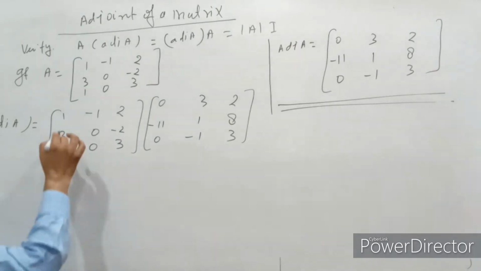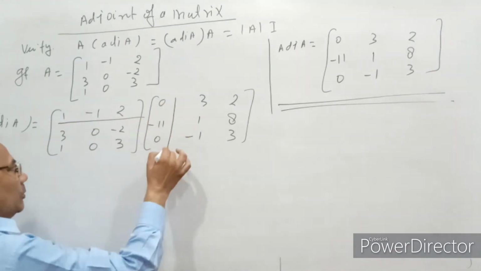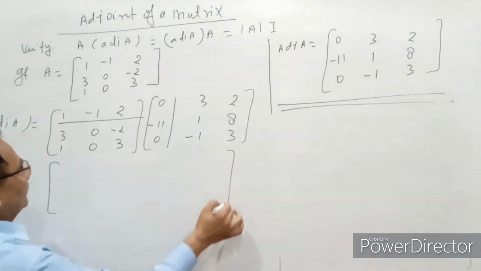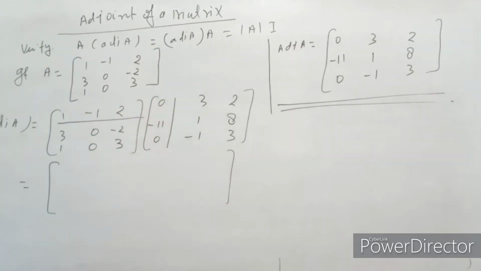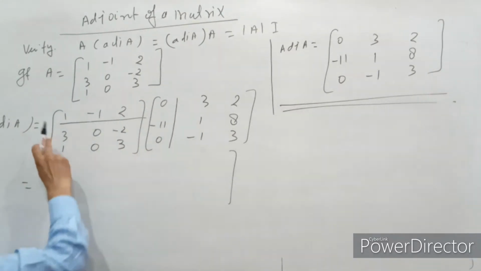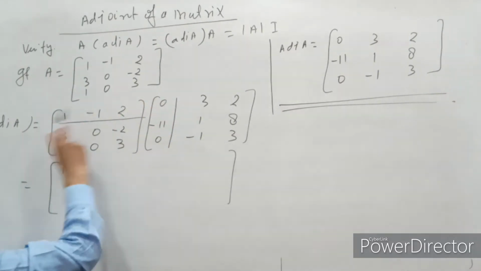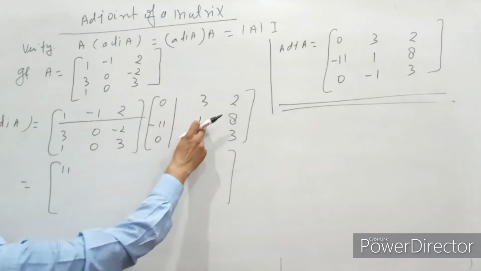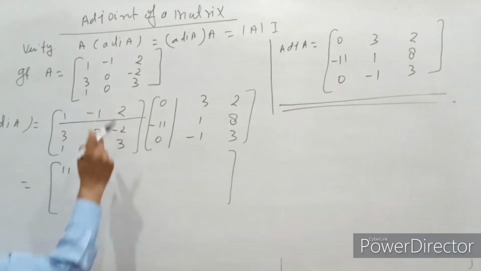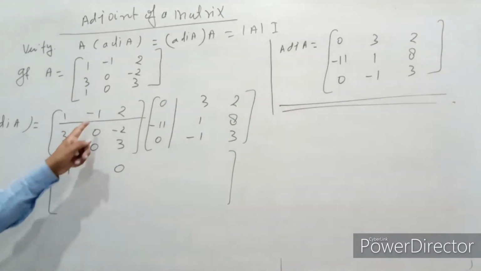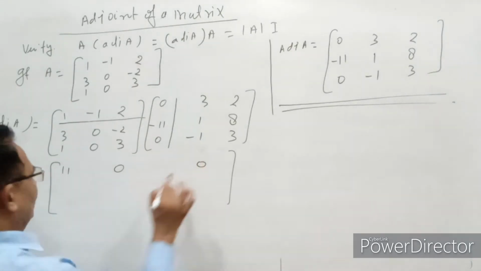Now multiply of these two matrices, that is proved by column, that is this into this 0, this into this 11. Now R1 C1 R1 C2, that is 3, that is -1 और +2 0 आ गया, that is 2 1 जा 2, और -8 और +2, this is also 0.